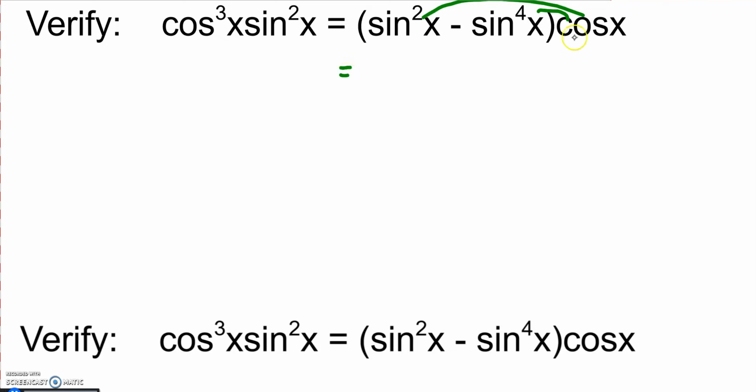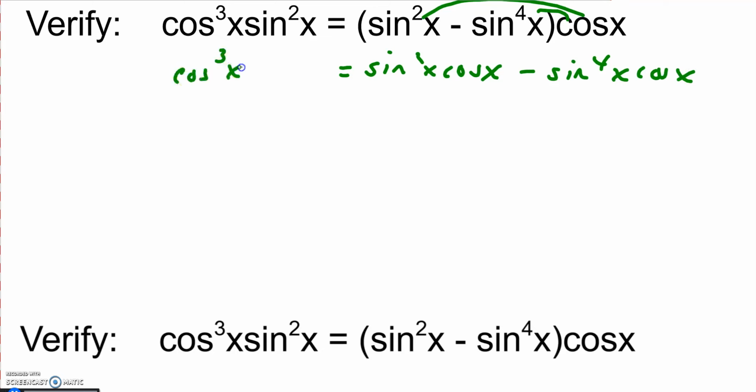So if I distributed that in, I would get sine squared x cosine of x minus sine to the fourth x cosine of x. And I want to see if that equals the untouched side of cosine to the third x sine squared x. Now, the idea of GCF is going to help us on this side.